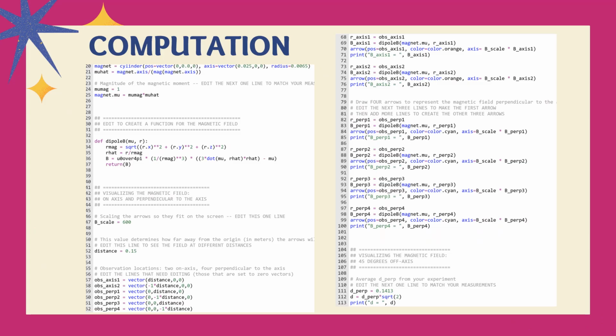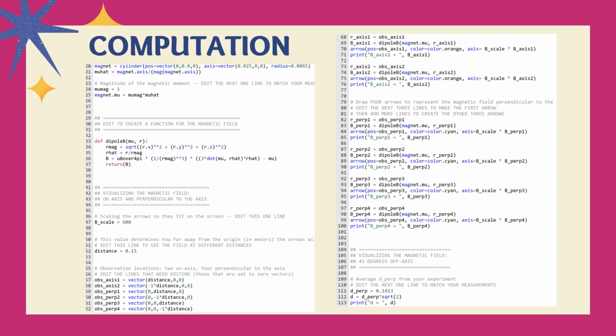Now for the computational portion of this lab, the first thing we're going to do is calculate the magnitude of the magnetic dipole moment, and these measurements are just from what we did in the experiment. And then we create a function for the magnetic field, and this is basically just corresponding with the equations that we went over previously.